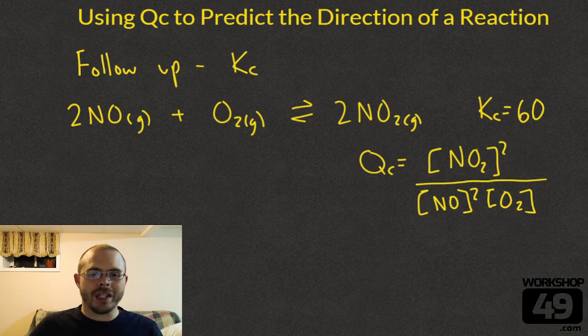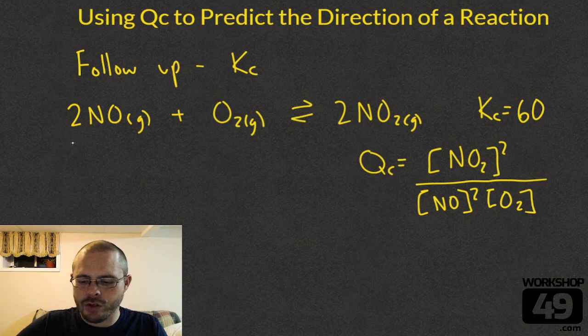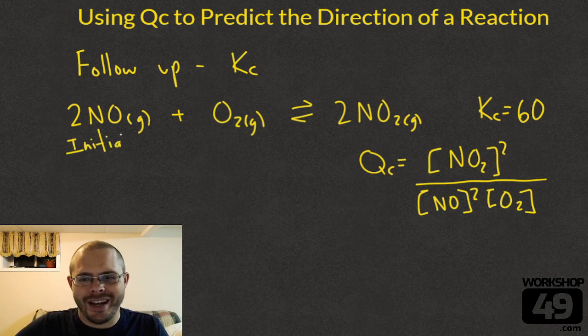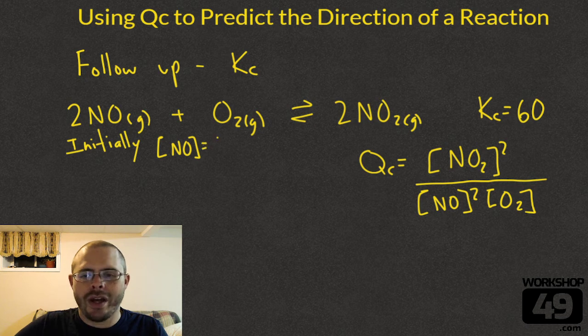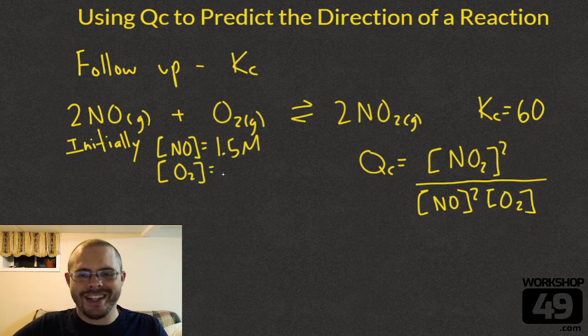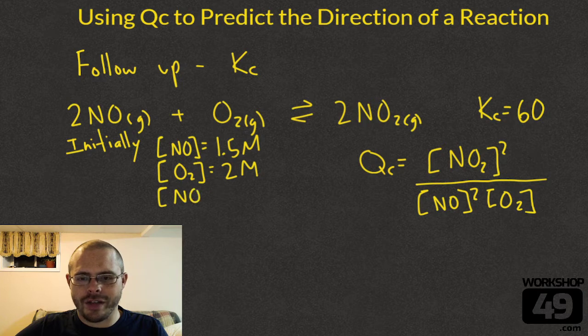This is the information you've been given. This is usually the setup to solving concentration. You've been given that initial flask: a concentration of NO equal to 1.5 molar, O2 equal to 2 molar, and NO2 equal to 2.5 molar.